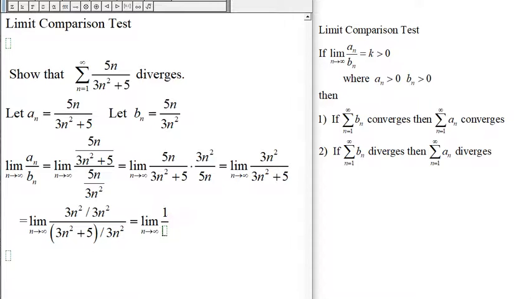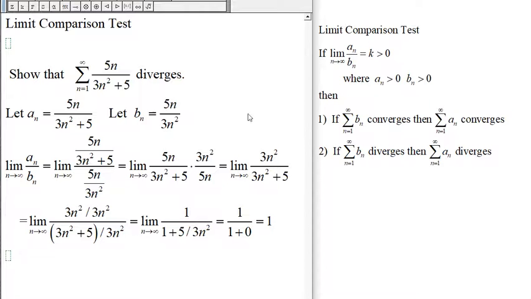So the top we get 1, since 3n squared divided by 3n squared is 1. And then 5 divided by 3n squared. And now as n approaches infinity, we get 1 here, we get 1 here, and then 5 divided by 3n squared will go to 0, so we get 1.